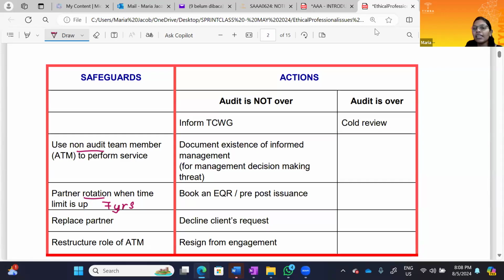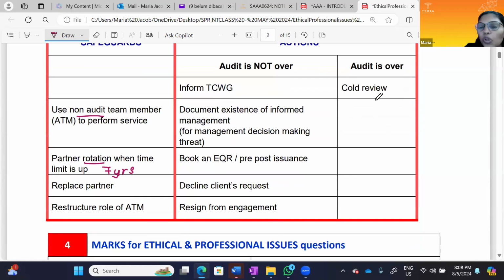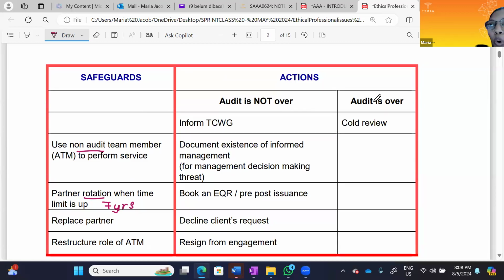And then if, let's say, you have no safeguard, you have no choice, you only have actions. Your actions can be split into two. If your audit is not over yet, you can take actions, for example, by informing those charged with governance. You can have a document where you ask the management to acknowledge their position.